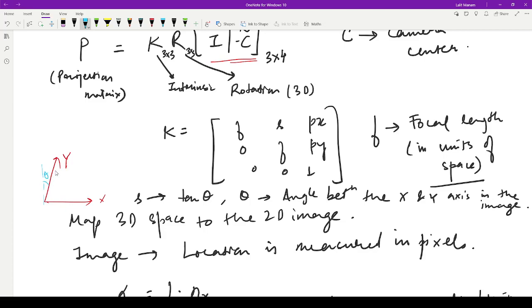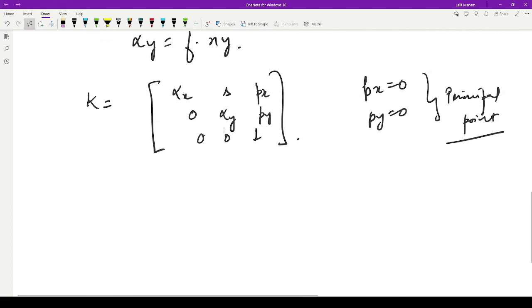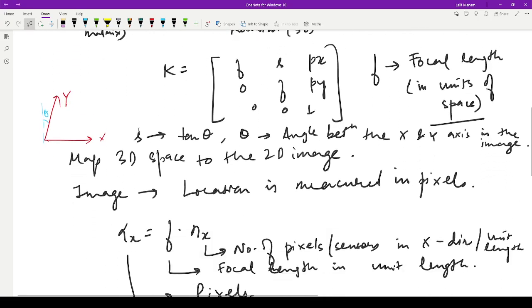Okay, so this is the theta. For our question, there is no involvement of theta, so we take theta as 0. This is also given to us.